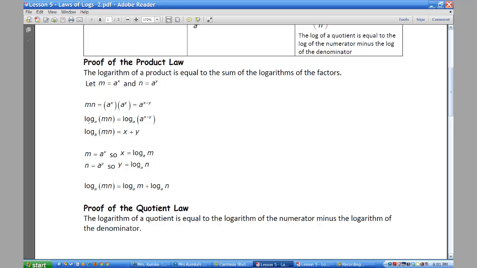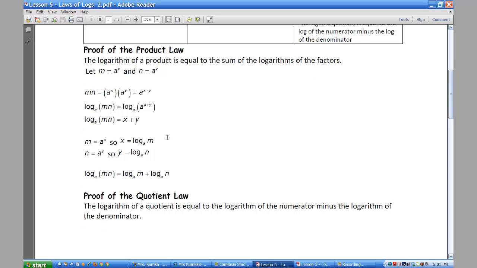Now we're going to bring in the logs, just like we did in the power law, in the lesson before the transformations. Log a of mn equals log a of a to the power of x plus y. Now if I remove the log a from here, because the bases are the same, I'm going to be left with x plus y. So log a of mn equals x plus y.